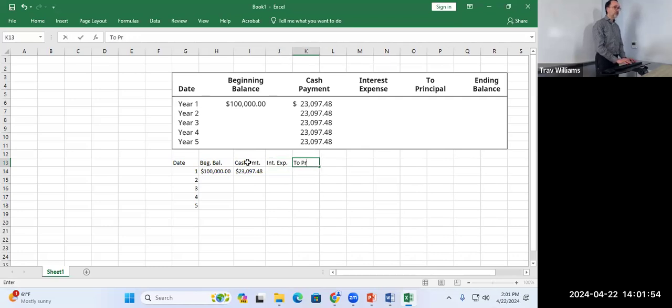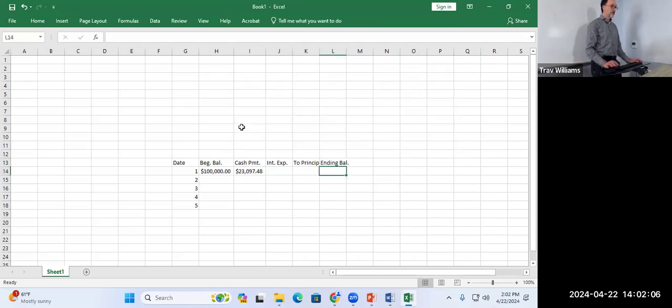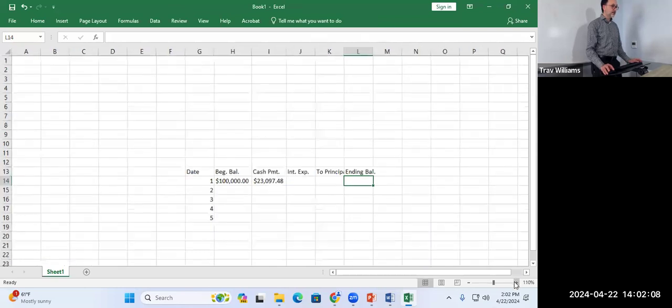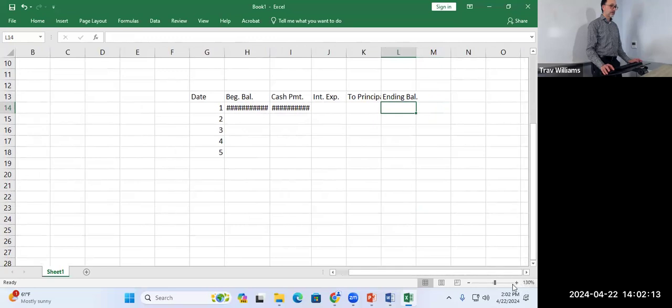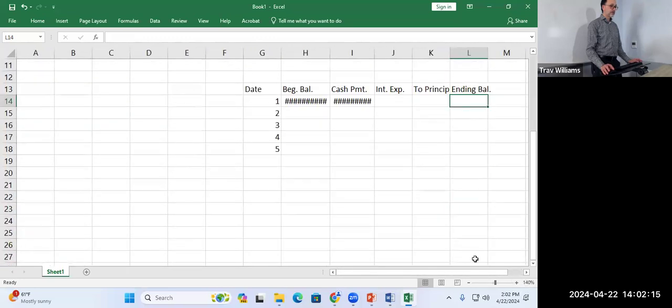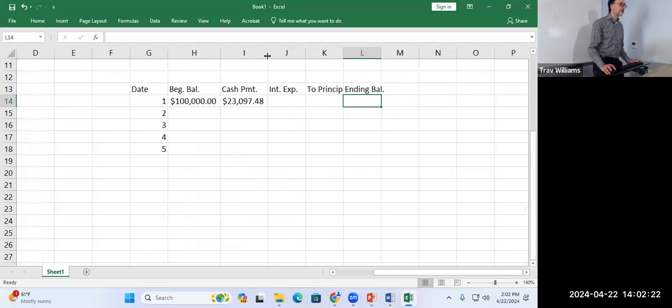How much is going to principal? And ending balance. Okay, so we don't need that anymore. Let me zoom in a little bit so you can see it better. Can you see that okay? And it's the same cash payment for all 5 years.